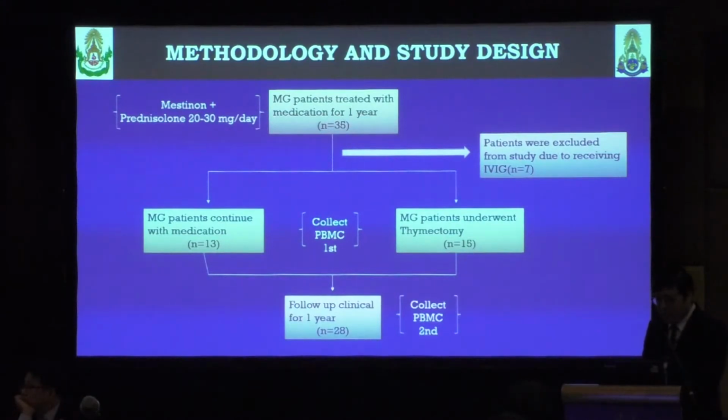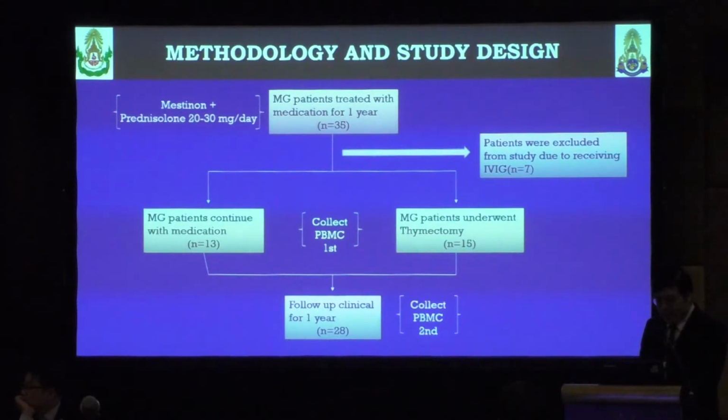This diagram shows that all patients were treated with medication for 1 year; there were 35 patients, and we followed up before separating the treatment. We found that 7 patients had received IVIG, so we excluded those 7 patients.